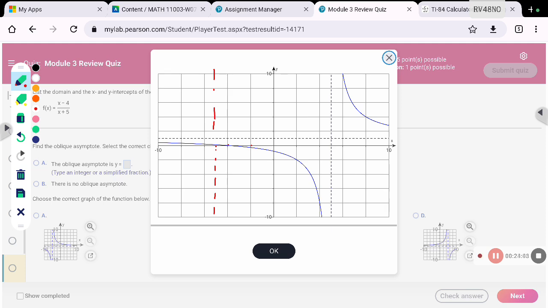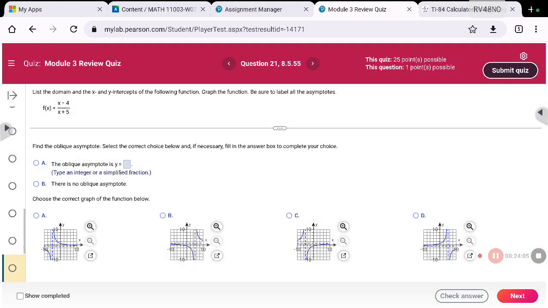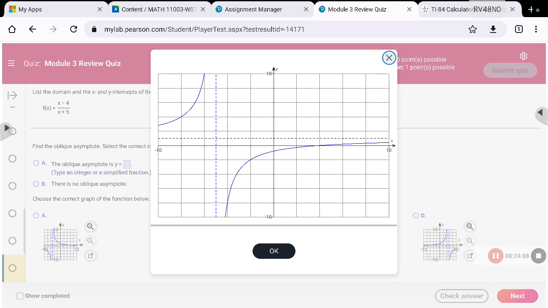Let's look at C. Vertical, x equals -5. Horizontal, y equals 1. So it does have both of those. It crosses the x-axis at +4. And then it should cross the y-axis at -4/5, which is almost -1.